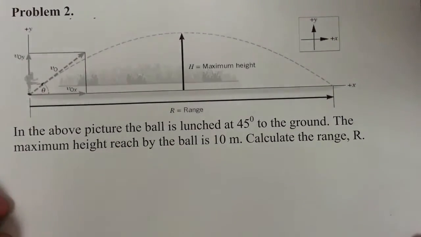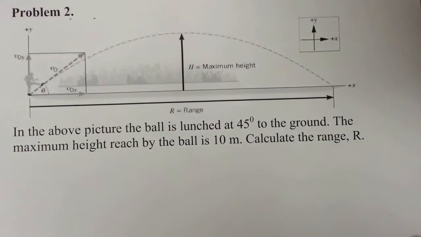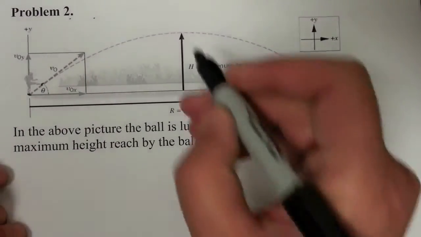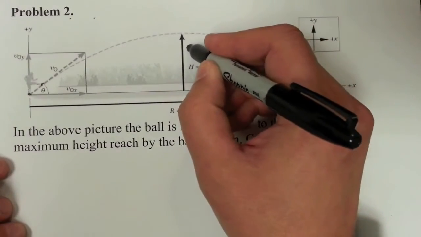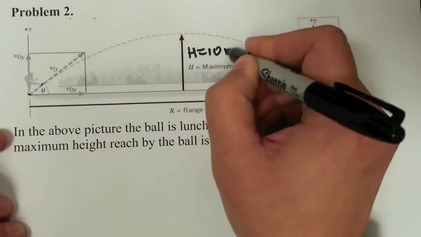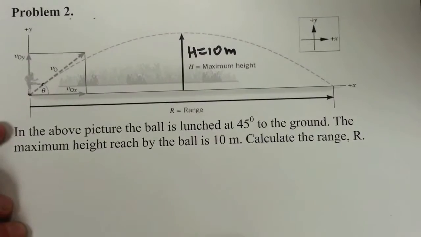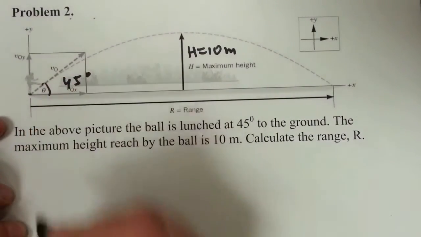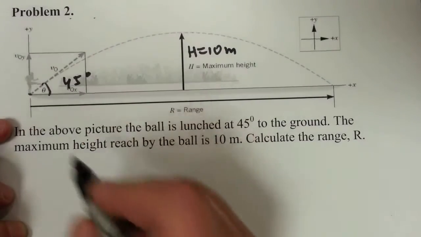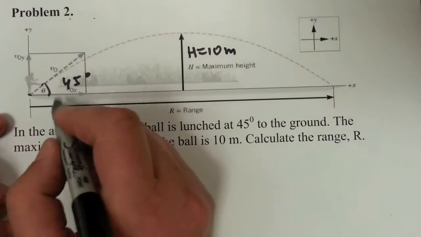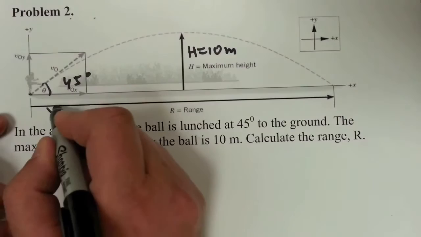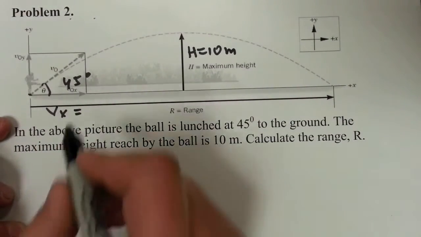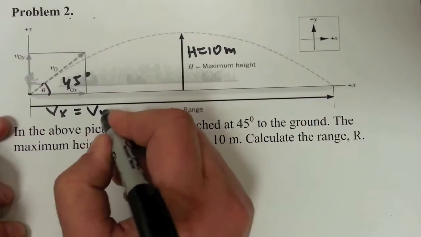This is a problem similar to the one we did in a class. This is 10 meters. For the 45 degrees angle, the x component of velocity will be equal to the y component of the initial velocity.